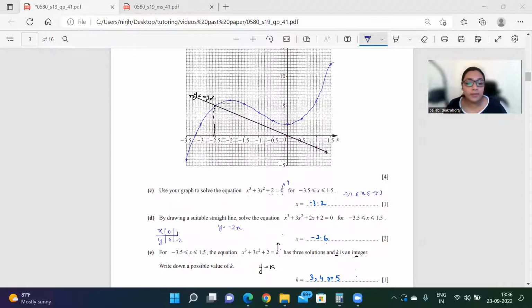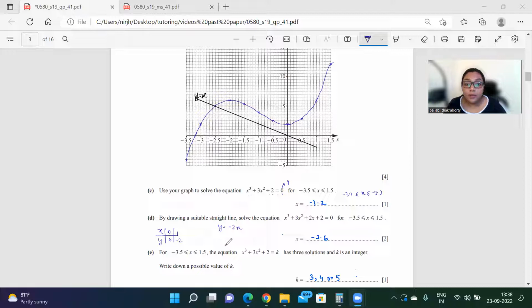What are the possible values of y is equal to k for this curve? Your x value has to be between negative 3.5 and 1.5. So how do you do that?